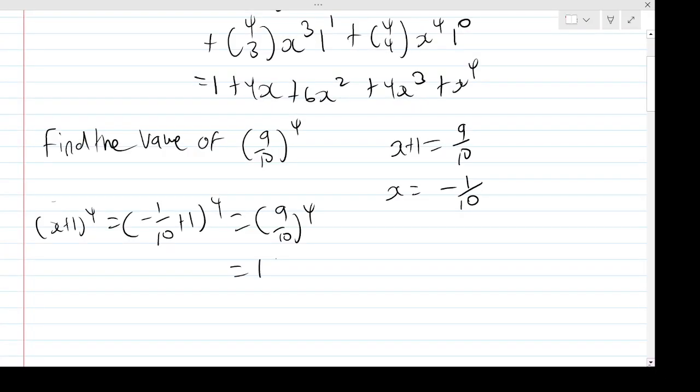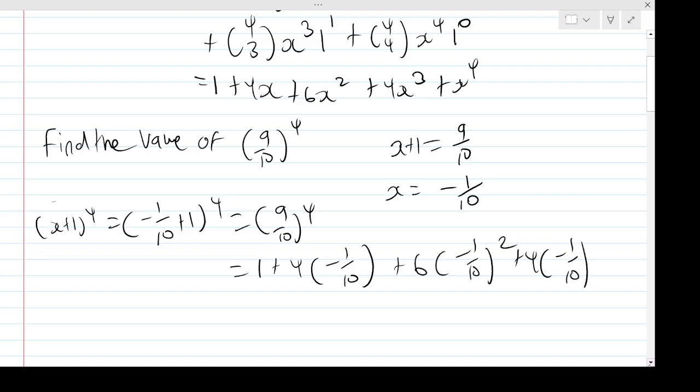So that'd be 1 plus 4x, that's 4 lots of minus a tenth, add 6x squared, that's 6 lots of minus a tenth all squared, add 4x cubed, so 4 lots of minus a tenth cubed, add minus a tenth to the 4.